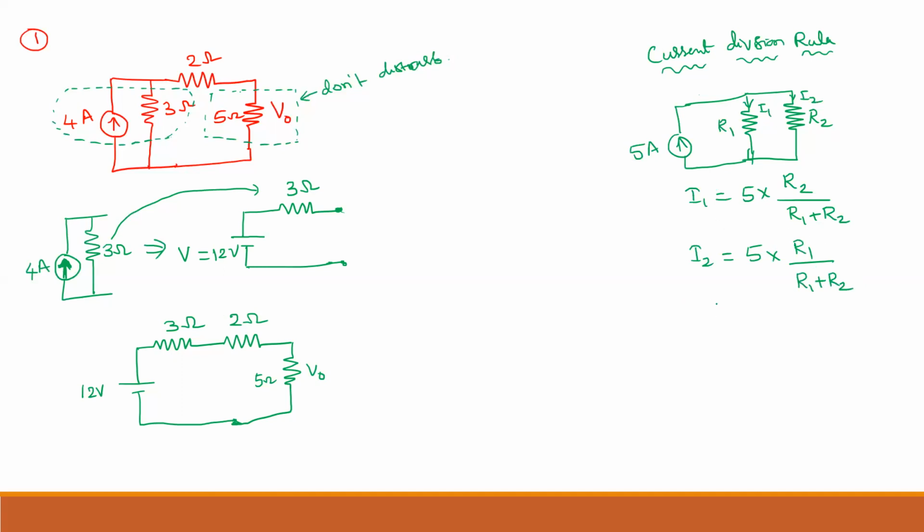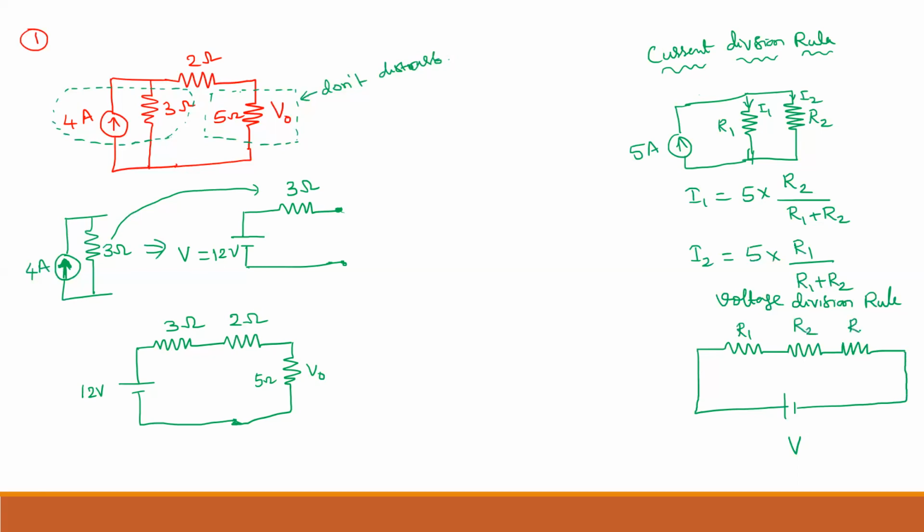What is the voltage division rule? Now, I have a set of resistors connected in series. The total applied voltage is V across R1, R2, R3.